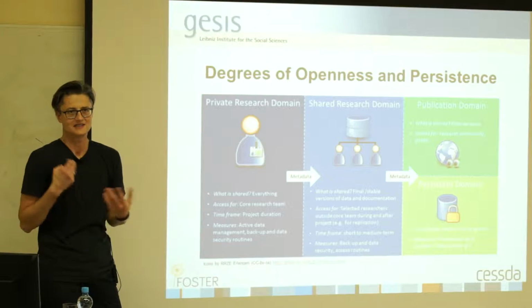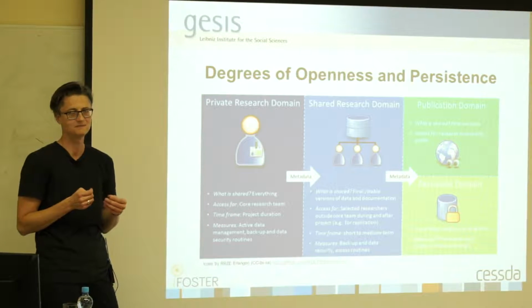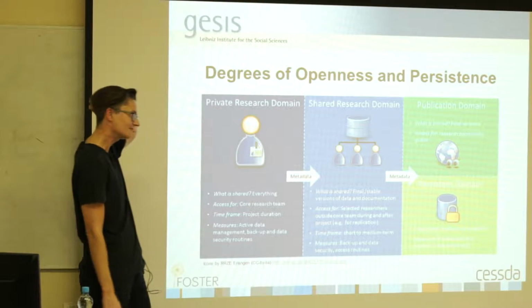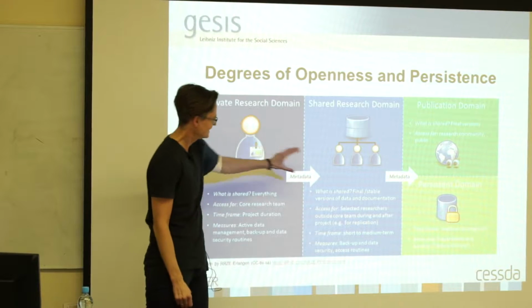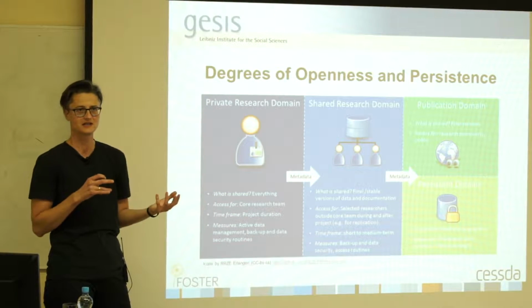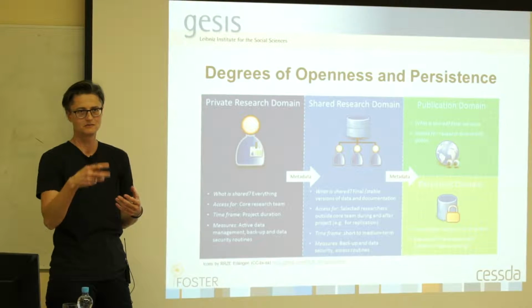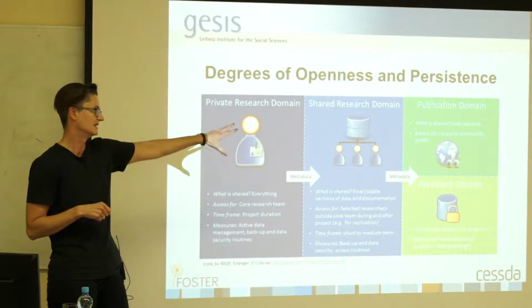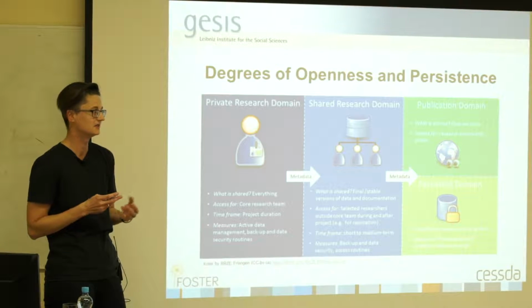But if you don't write that down, it'll be forgotten. So as soon as you send the data into the next domain, where it may be reused, for example, by others, you will have to add a bit more information. You have to write that down, because otherwise those people in that domain won't be able to understand your data.